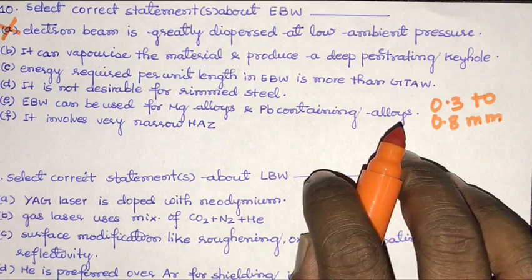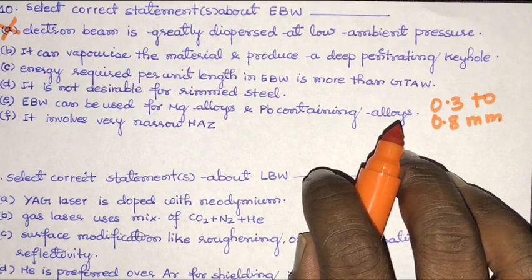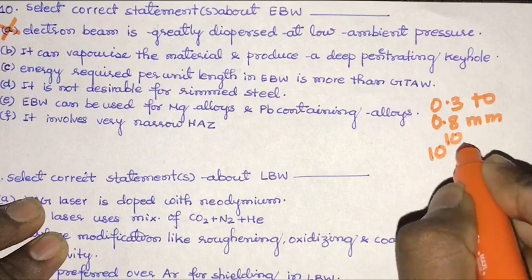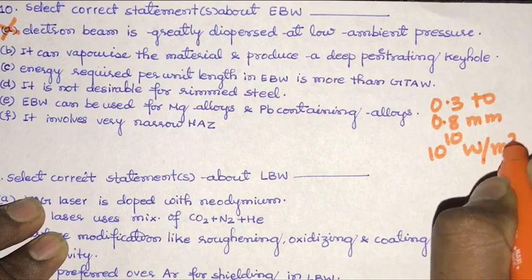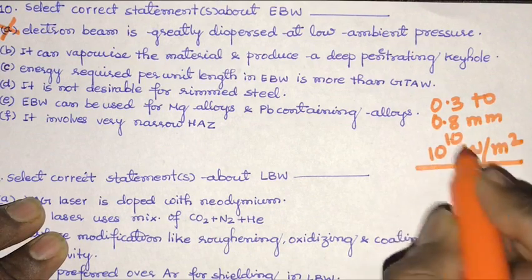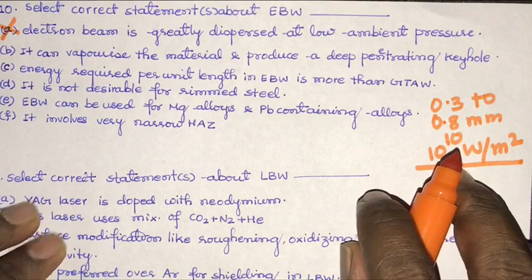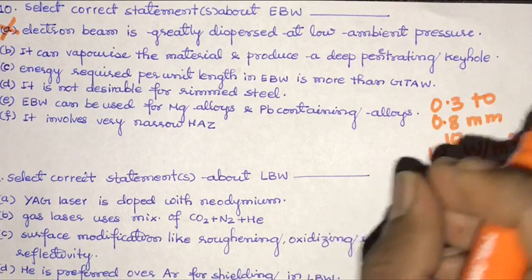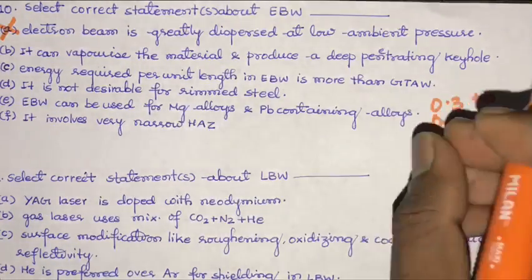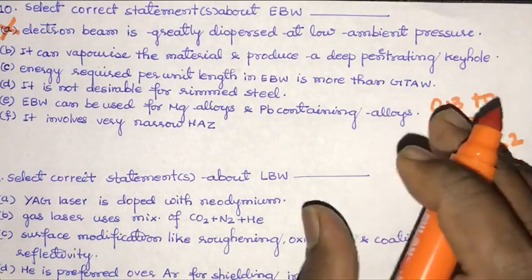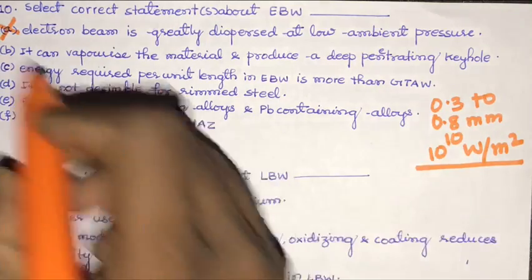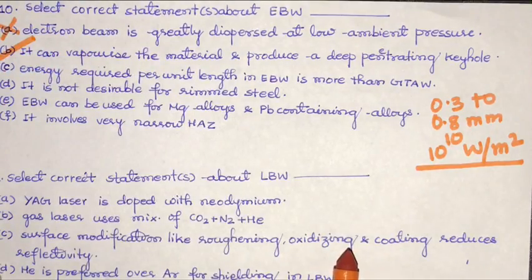Hence it has very high power density, in the range of 10^10 watt per meter square. This high power density makes it possible to vaporize the metals and produce a deep penetrating keyhole. So this is absolutely correct.